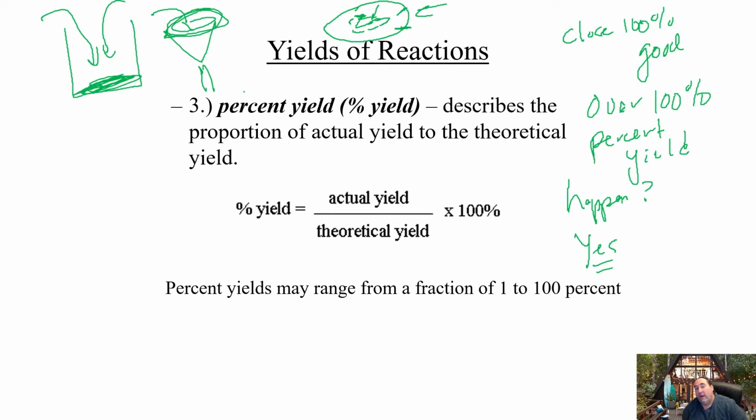Once it completely dries, when you reweigh it, you will see your actual yield should be less than your theoretical yield, because you won't have the error of water weight. That's a very common place in the laboratory where people get over 100% yield: they do some type of reaction like this and don't wait for the water or salt to dry out, and they have all that excess water weight.